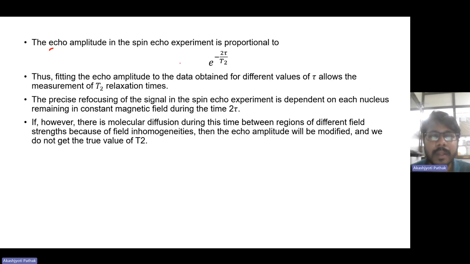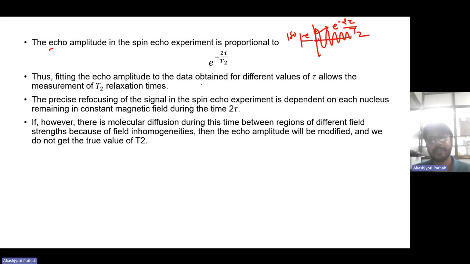The echo amplitude that we record after the 180 degree pulse and tau delay will be proportional to e to the power minus 2 tau by T2. Thus, fitting the echo amplitude to the data obtained for different values of tau allows the measurement of the T2 relaxation time.